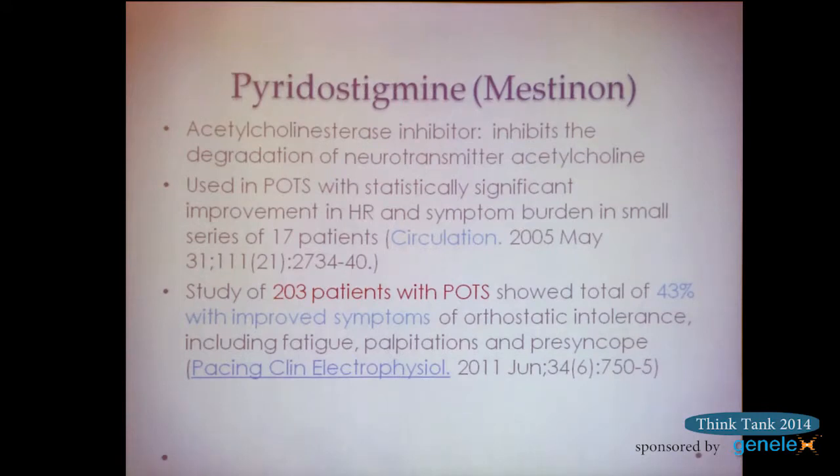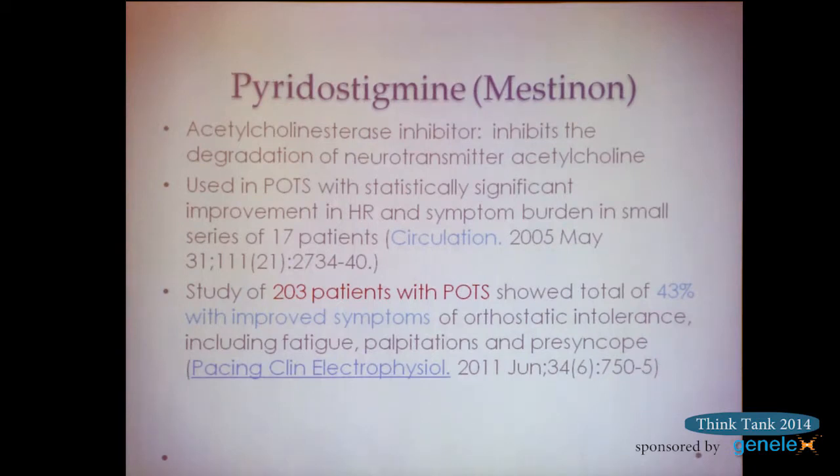So pyridostigmine or Mestinon is an acetylcholinesterase inhibitor. It inhibits the degradation of the neurotransmitter acetylcholine. We use this in patients with myasthenia gravis, which is a neuromuscular disease as well. It's been used in POTS with a statistically significant improvement in heart rate and symptom burden in a small series of 17 patients published in Circulation in 2005.